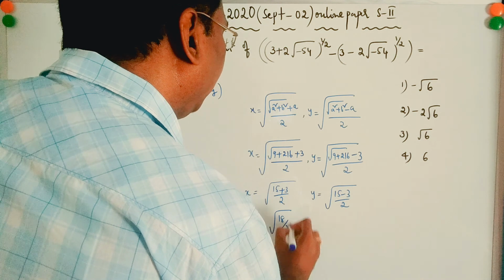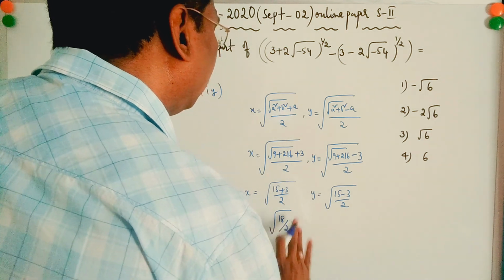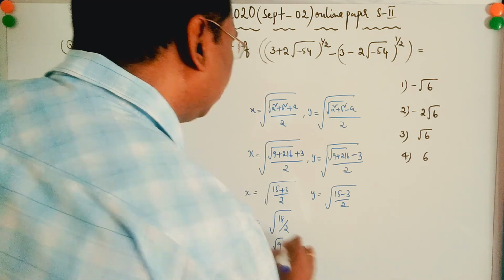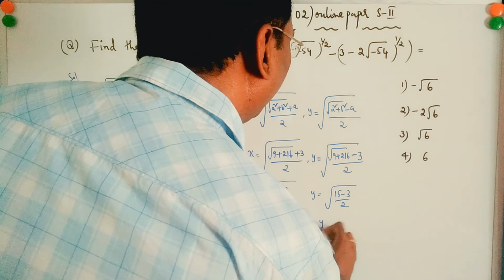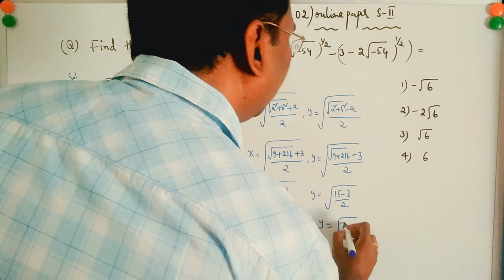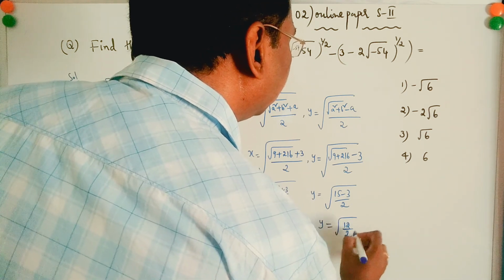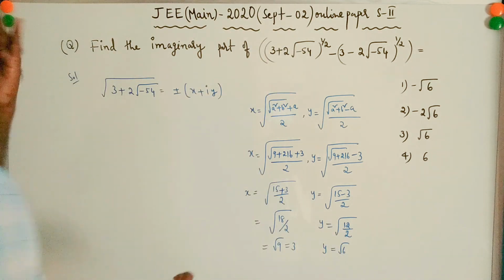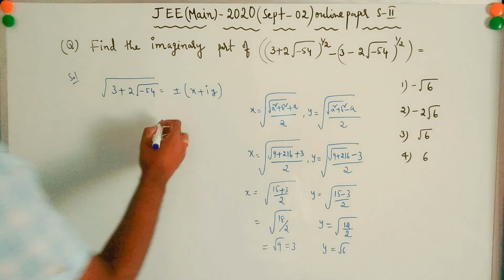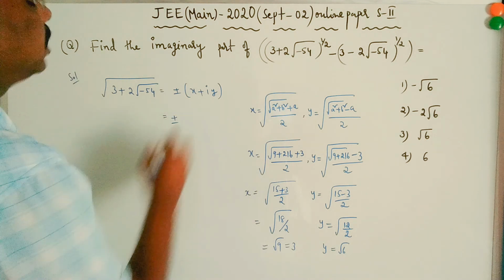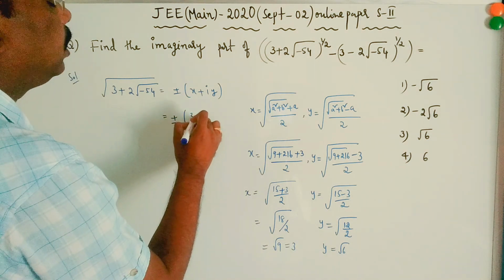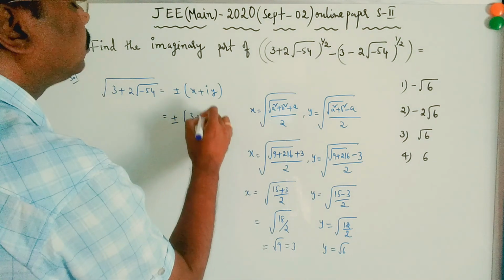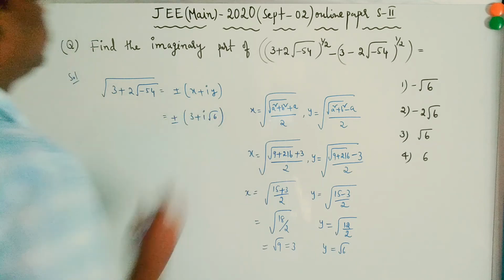Now 18 by 2 means 9, root 9 is equal to 3, and y is 12 by 2, so y is equal to root 6. Okay, x value is 3, y value is root 6. So the square root is ±(3 + i√6).